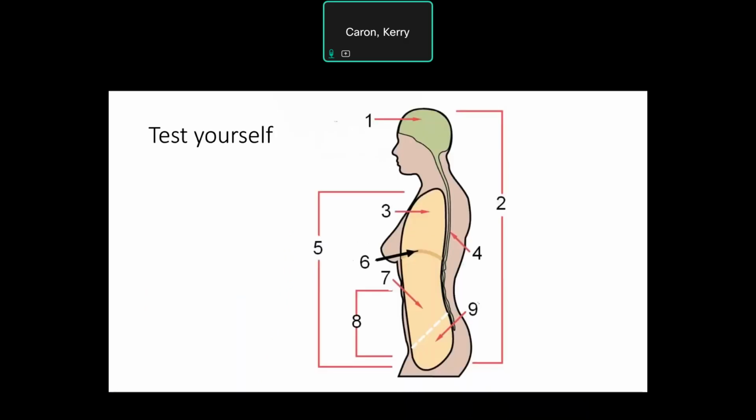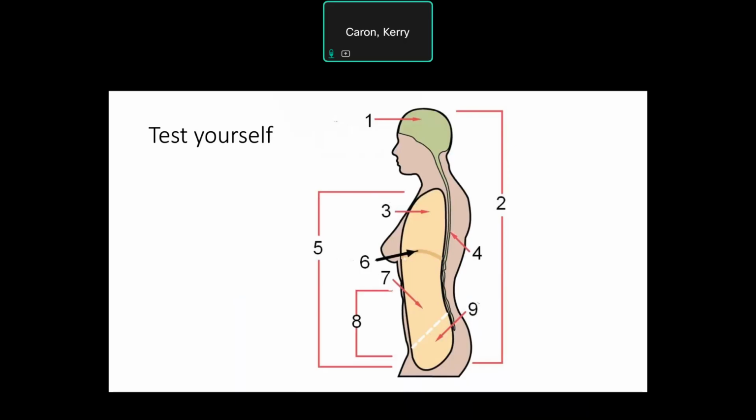Okay, here's a little test yourself. So for your answers, you've got 1 would be the cranial cavity, 2 would be the dorsal posterior entire cavity, 3 would be your thoracic cavity, 4 would be your spinal or vertebral cavity, 5 would be your anterior cavity. 6 is the diaphragm.